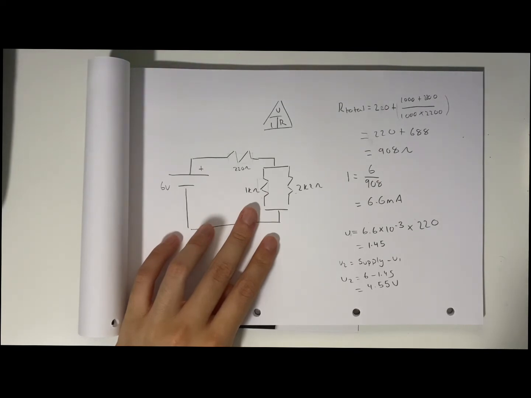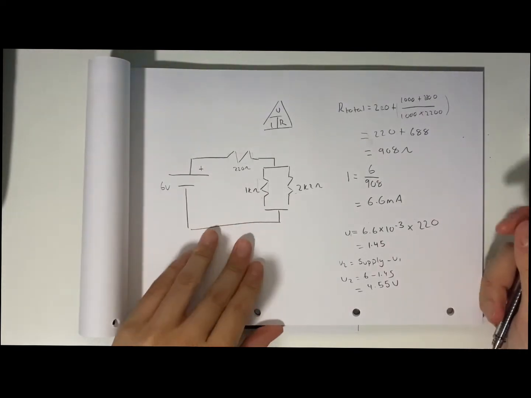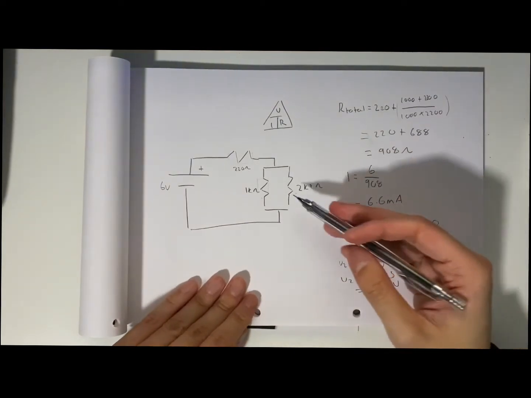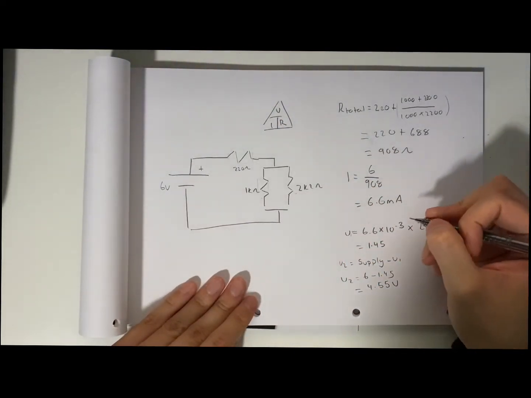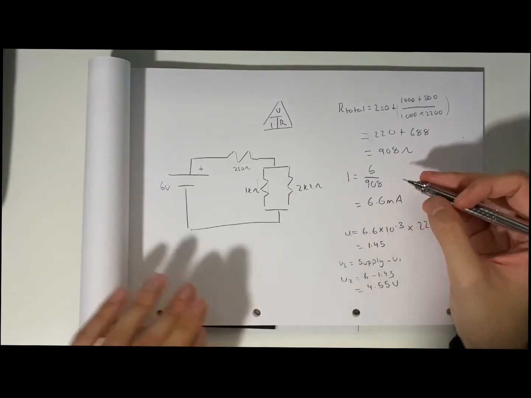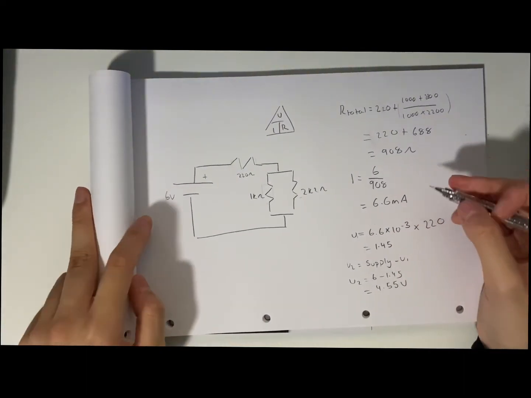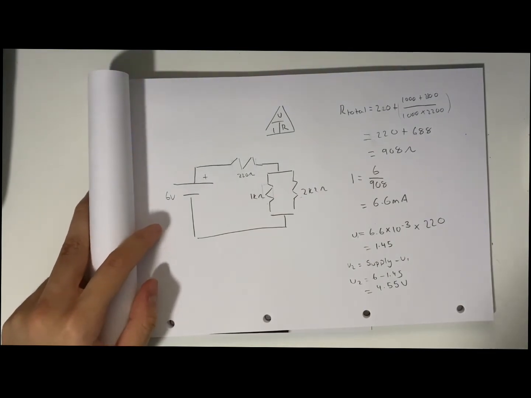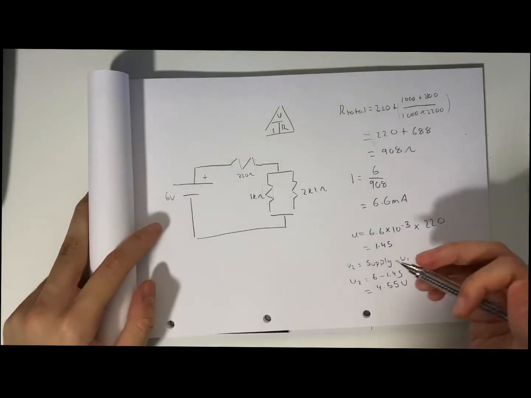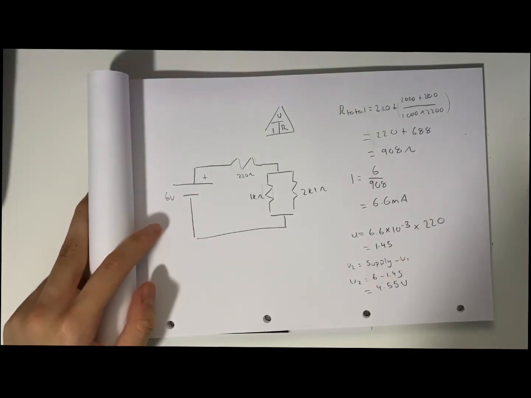Nice. Now we want to find the current flowing through each of these resistors. So to do this, we will apply Ohm's law again.